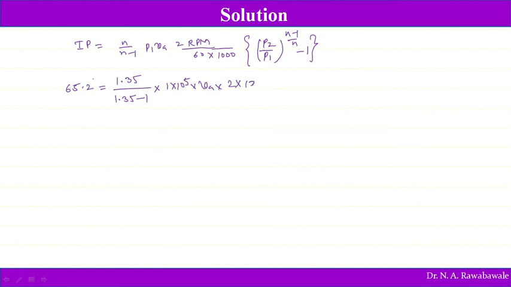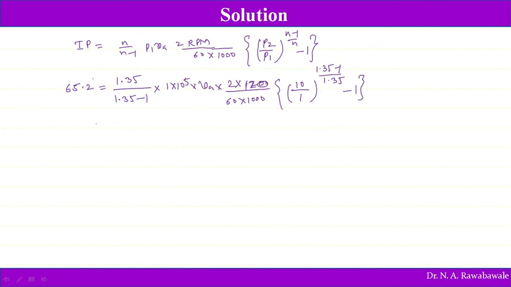RPM is given as 120, divided by 60, into 1000. P2 is again 10 bar, so 10 divided by 1, to the power of (1.5 minus 1) divided by 1.5, minus 1.